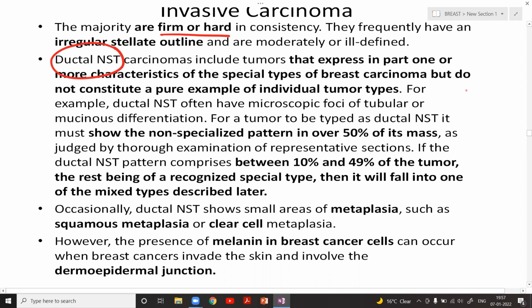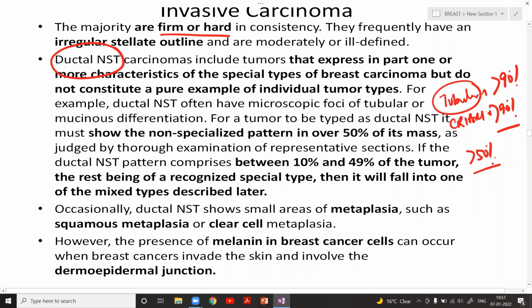For any tumor to become special, for example a tubular variety of breast carcinoma, it should show more than 90% tubular cells, or a cribriform variety should show more than 90% cribriform pattern. Very important. Now, if a tubular variety is present in more than 50% only, but not reaching 90%, in that case we will use the term IDC-NOS.